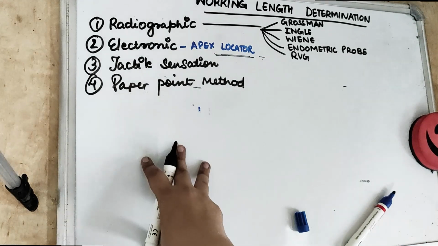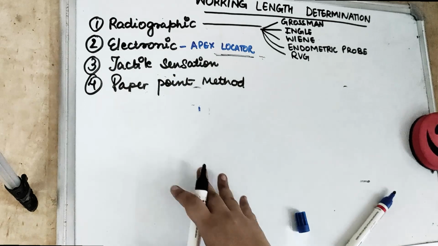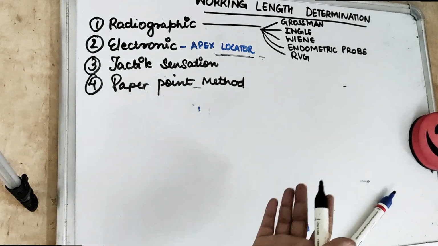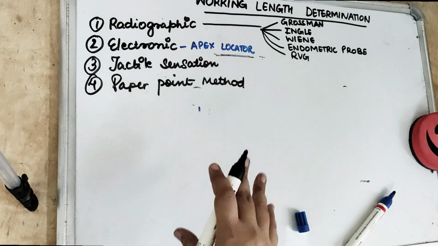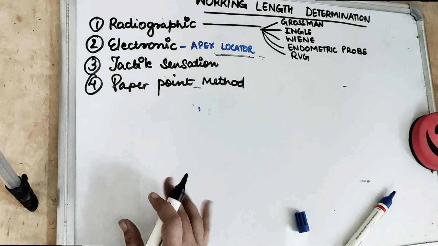So coming to the first method, the Grossman method. Now radiographic method: we usually take a radiograph before starting the root canal. We insert the file and also we take a radiograph. Basically we are taking a radiograph and assessing the working length.